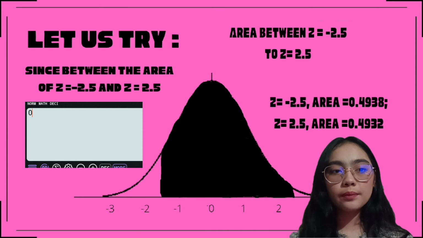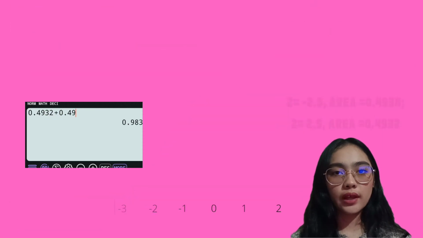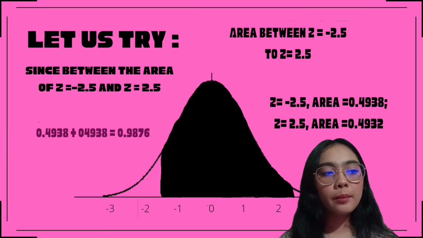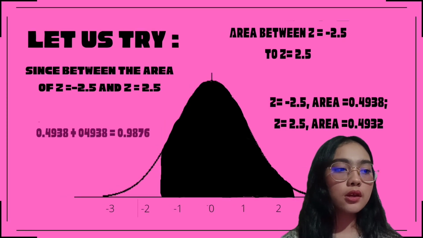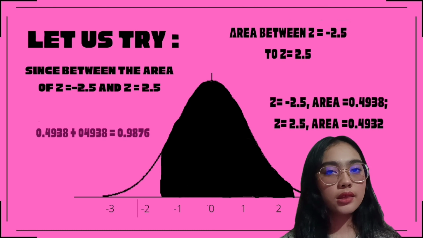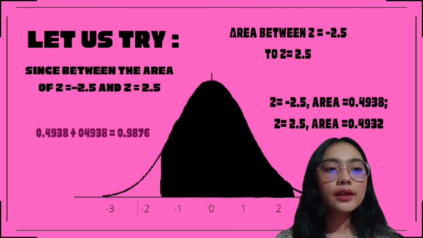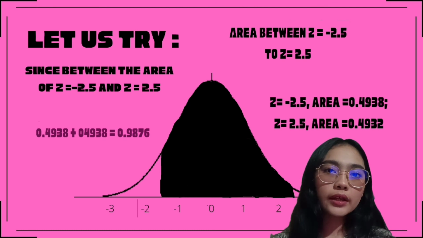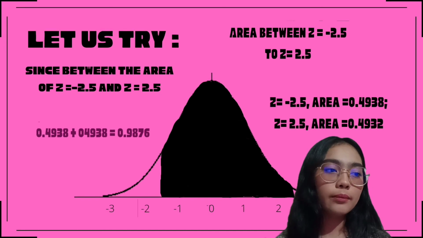We will now simply add the two areas to determine the area between them. If we get the sum of the two areas, we will get 0.9876. So that is the last example, and I hope you get all of them right.